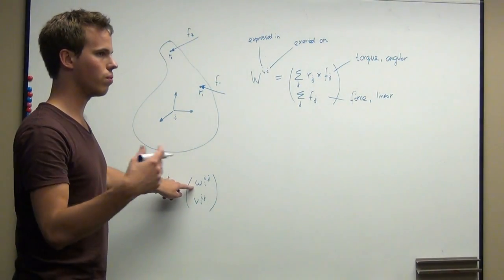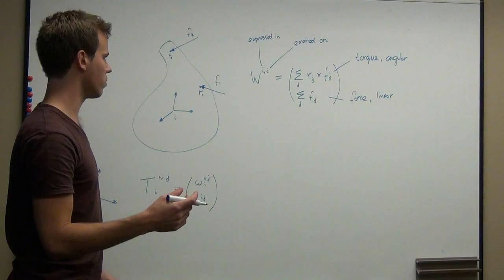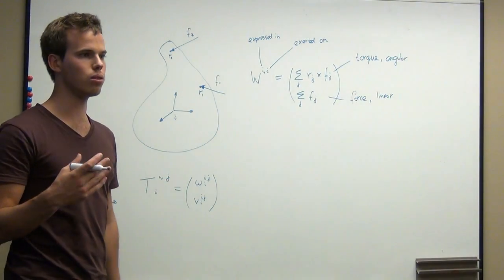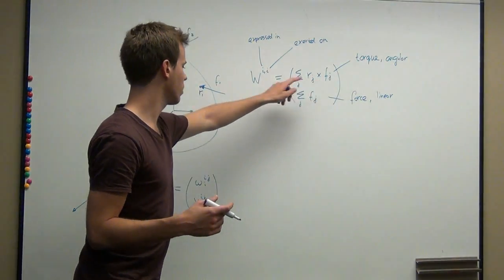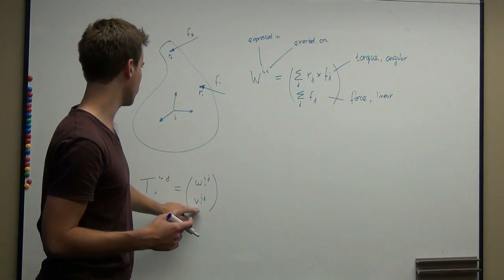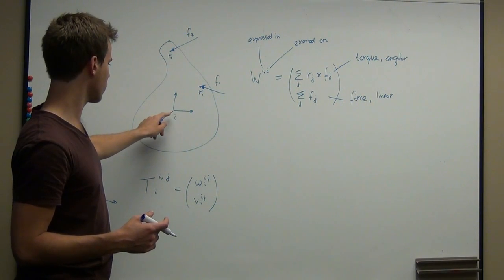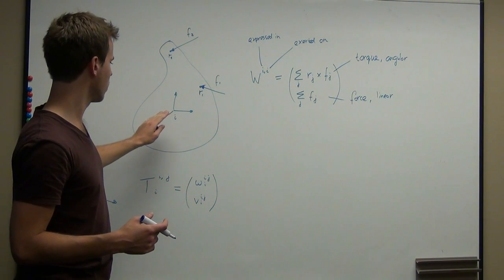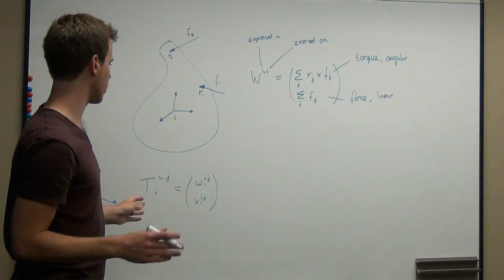So they're expressed in the same coordinates, and their dot product makes sense and means the power caused by this torque. And then you just add the power caused by the force, which is just velocity. And so this is just the velocity of the origin if it's expressed in body frame, right? So in body frame it all makes sense.